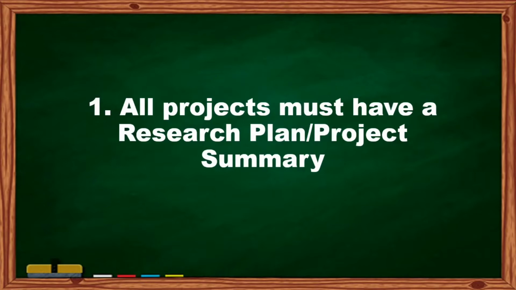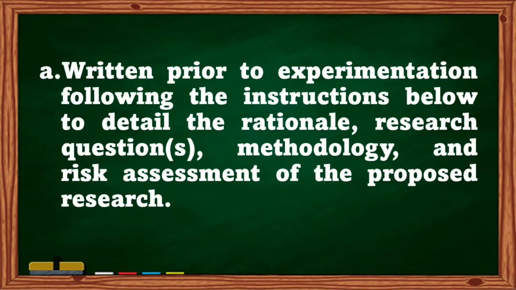You must all remember that all projects must have a research plan or project summary. First, it is written prior to experimentation following the instructions to detail the rationale, research questions, methodology, and risk assessment of the proposed research.